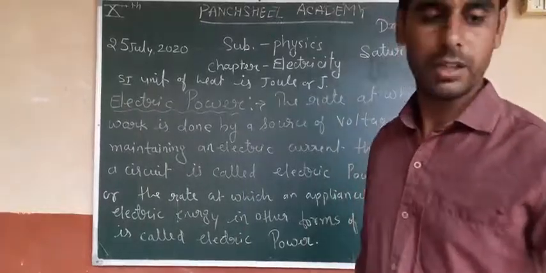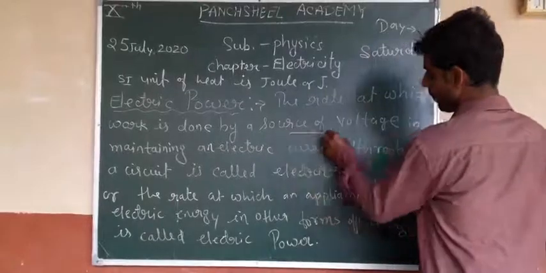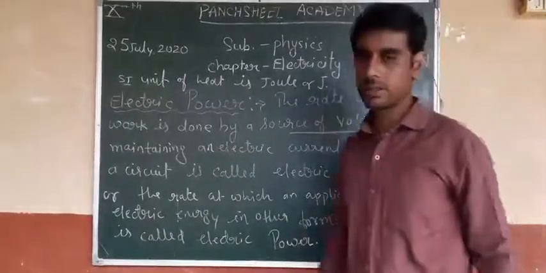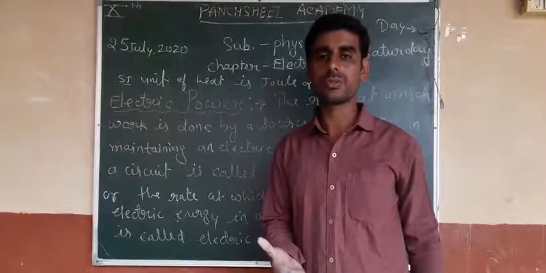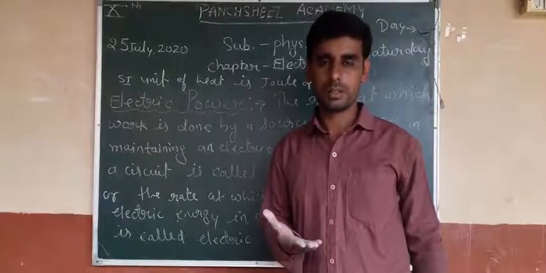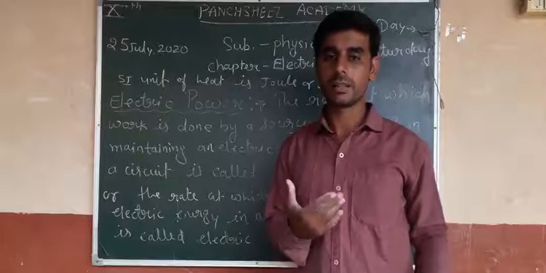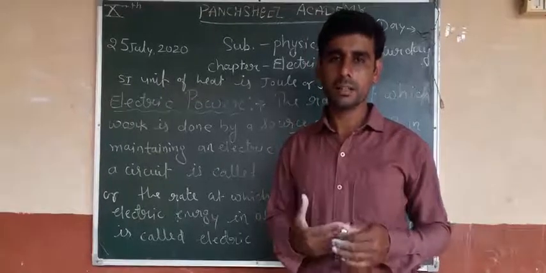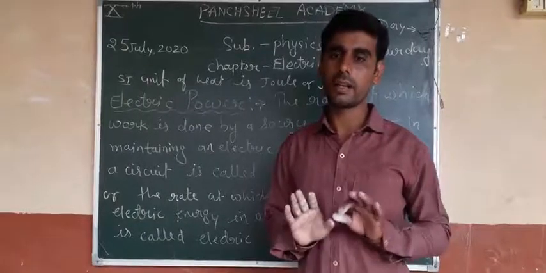Please try to understand what is electric power. Source of voltage means what? Battery, cell. This source of energy such as a battery or cell maintains the electric current flowing in the given wire.